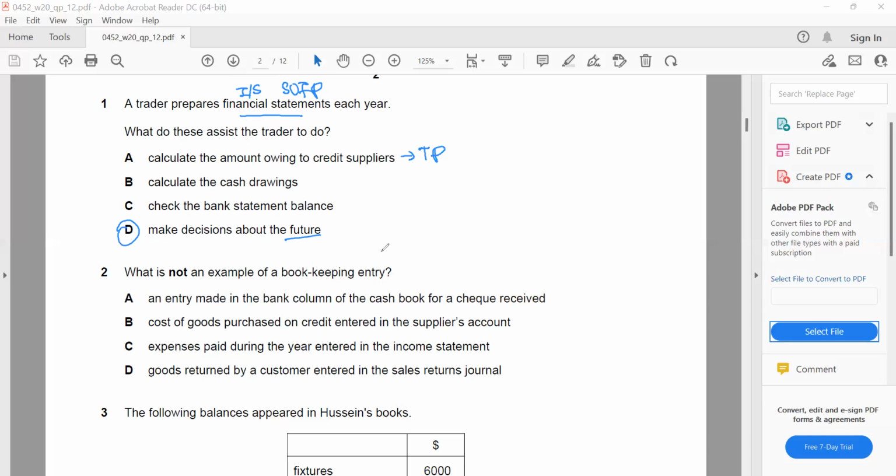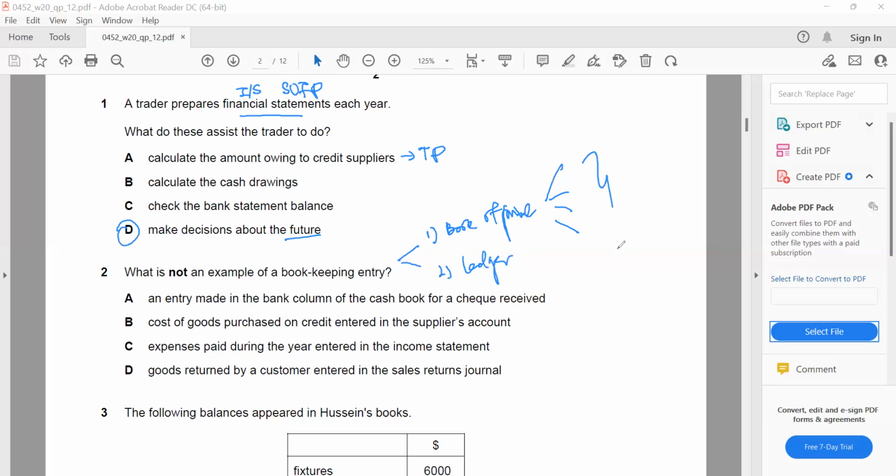an example of a bookkeeping entry? Bookkeeping entry, basically the first part is the book of prime entry, which does the recording. You have learned all the journals, sales journal, purchases journal, cash book, all under the books of prime entry. After that, you learn the ledger.